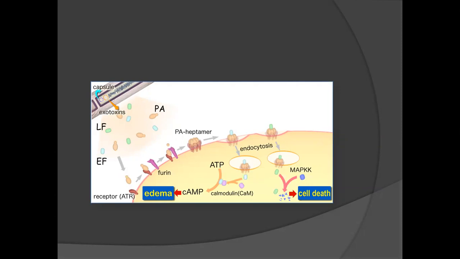Then this receptor undergoes endocytosis. After this, the oedema toxin is released, which leads to conversion of ATP to cyclic AMP by calmodulin activity, which leads to the oedema. While lethal toxin leads to cell death through the activity of MAPK, mitogen-activated protein kinase.